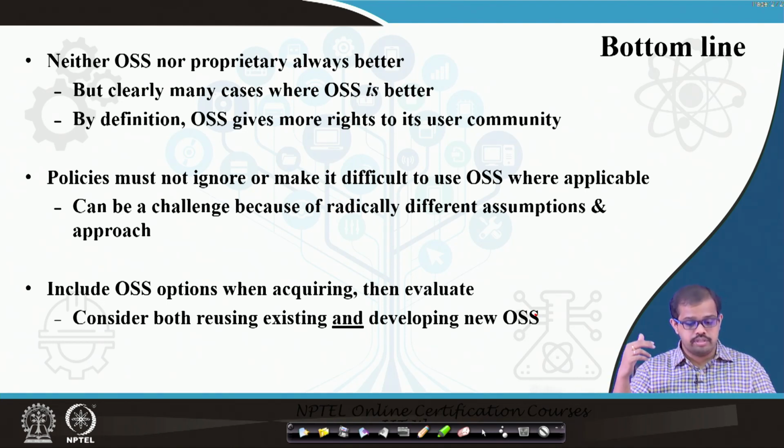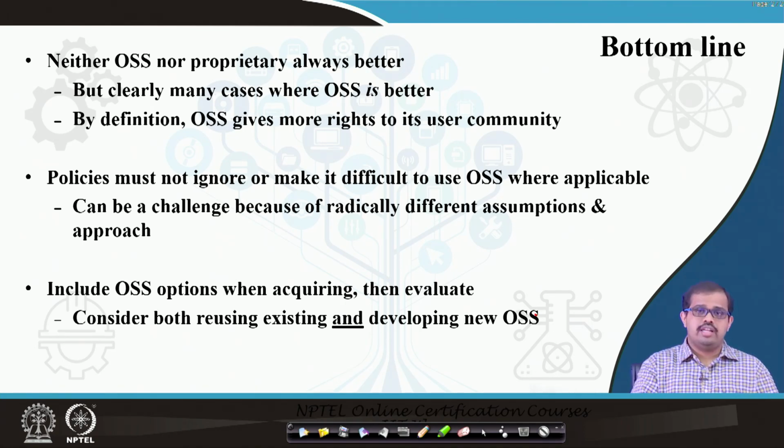Include OSS options when acquiring, then evaluate. That is, consider both reusing existing and developing new OSS. So that is one thing. I would say this is the crux of OSS: using an existing OSS, becoming a powerful user, then developing a new OSS and providing it to the community will actually help the entire community who are using open source software.